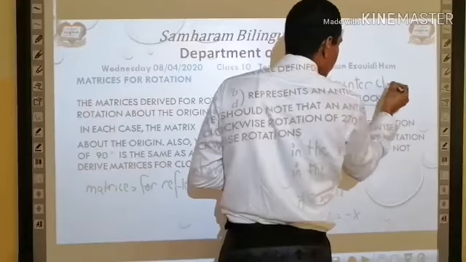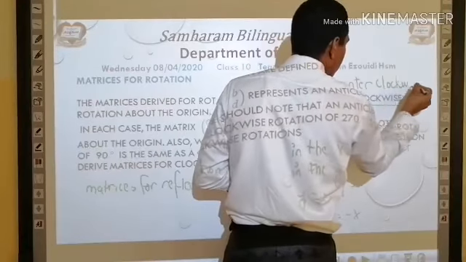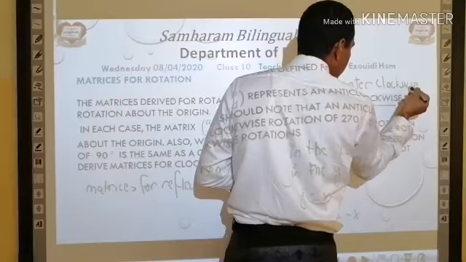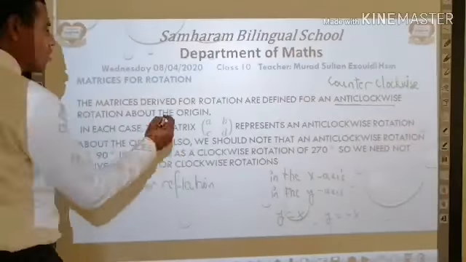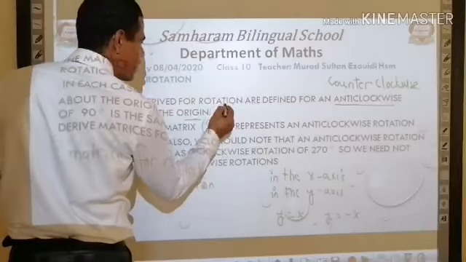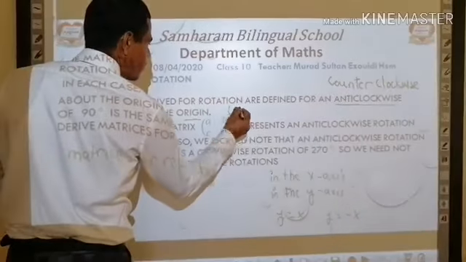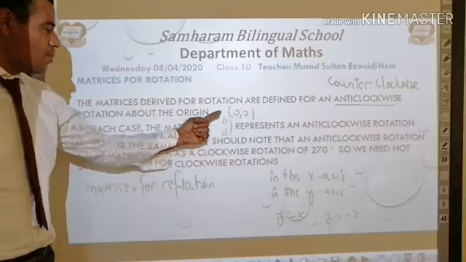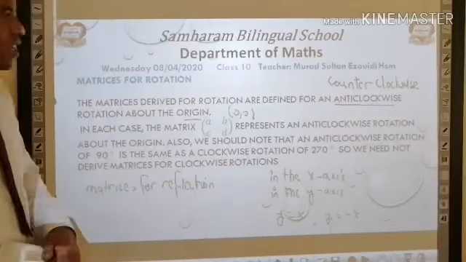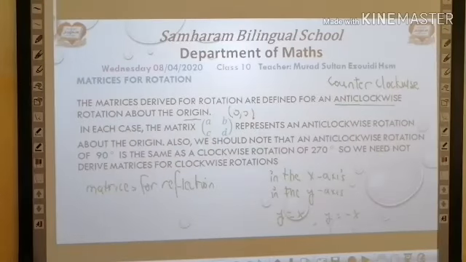So about what? About the origin of coordinates. Origin is 0, 0. In each case, the matrix A, B, C, D represents an anti-clockwise rotation about the origin.